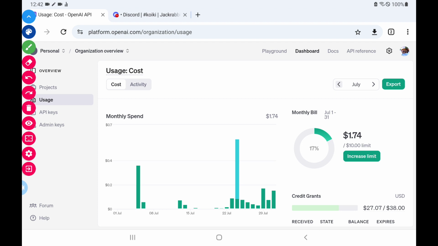As you look at the screen, you see that I spent only $1.74 for the month of July. That's all I spent in my AI services.